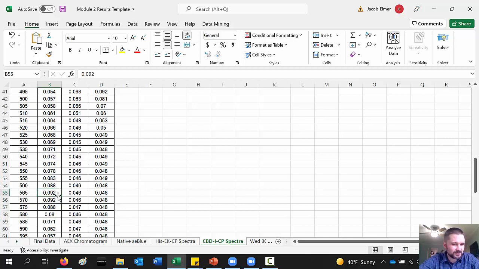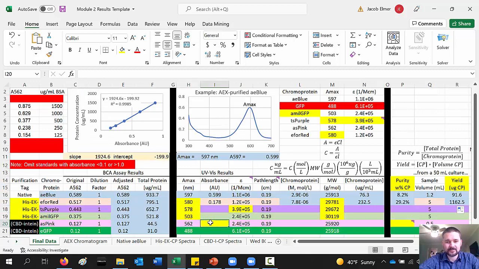So A562 is pretty close. The absorbance maximum, it's kind of hard to tell here because I only took measurements every 5 nanometers. I was in kind of a hurry. Sorry about that. But let's just call it 0.092. Okay? So we're going to call that the absorbance at our maxima, 0.092. There we go. Copy this calculation down there.